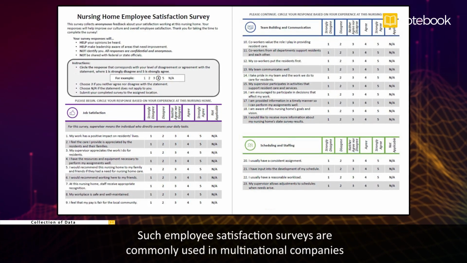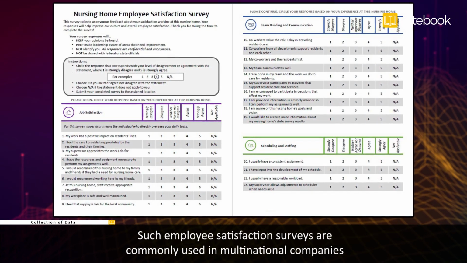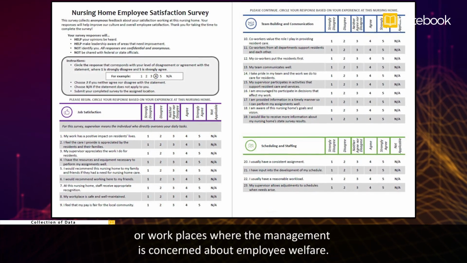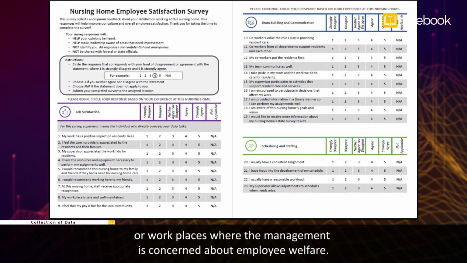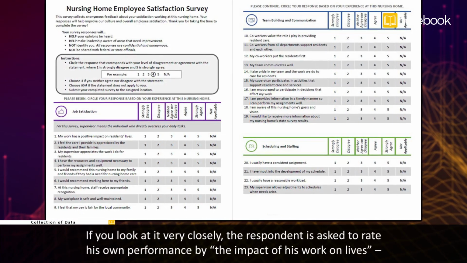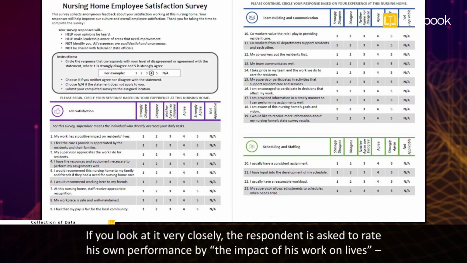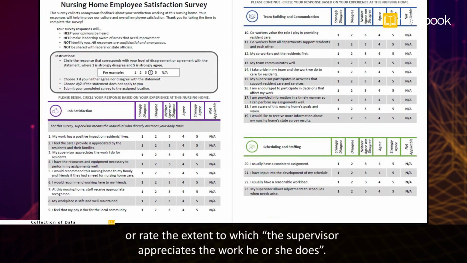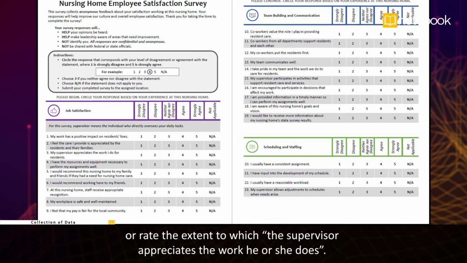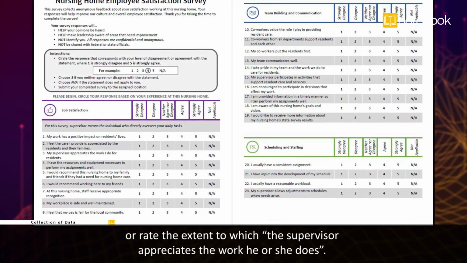Such employee satisfaction surveys are commonly used in multinational companies or workplaces where the management is concerned about employee welfare. If you look at it very closely, the respondent is asked to rate his own performance by the impact of his work on lives, or rate the extent to which the supervisor appreciates the work he or she has done.